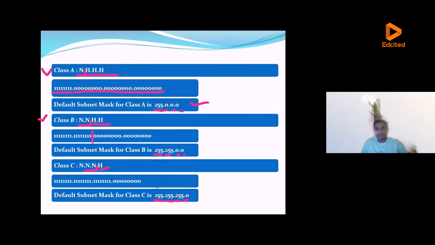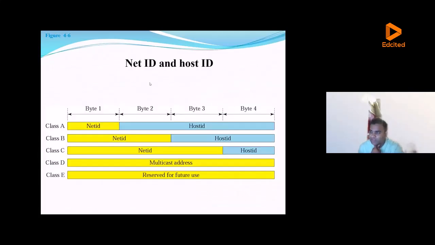That is how we assign the network part. But these are default values, and these values could be modified.